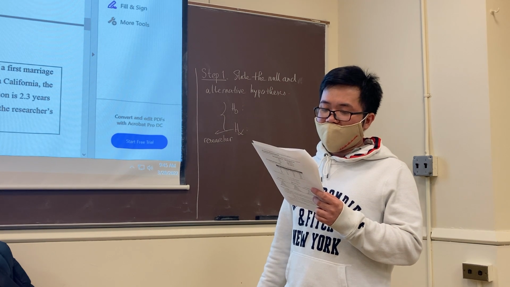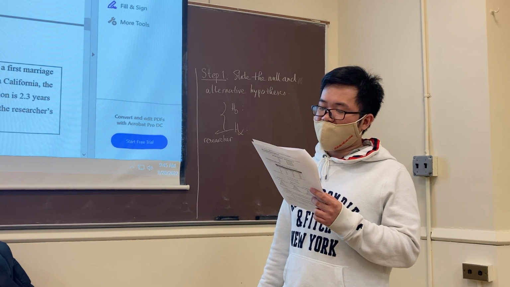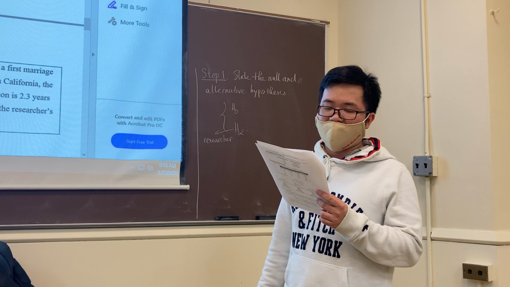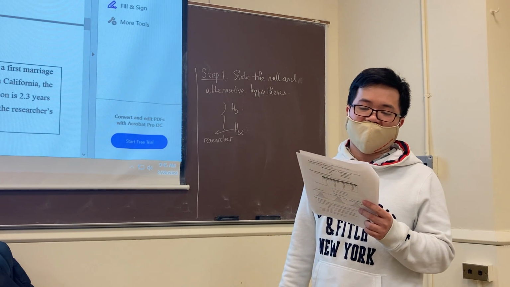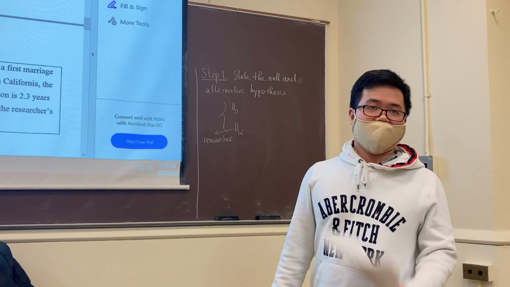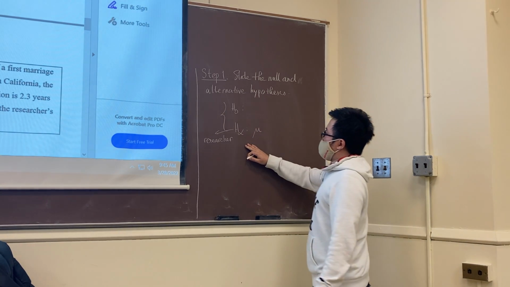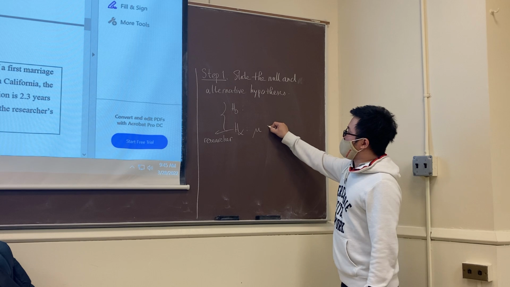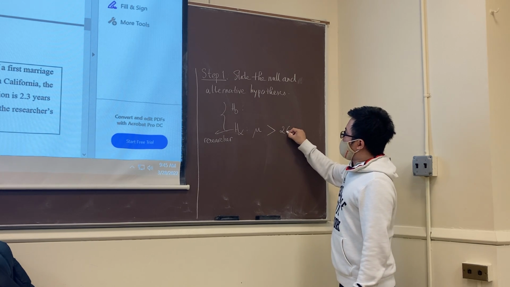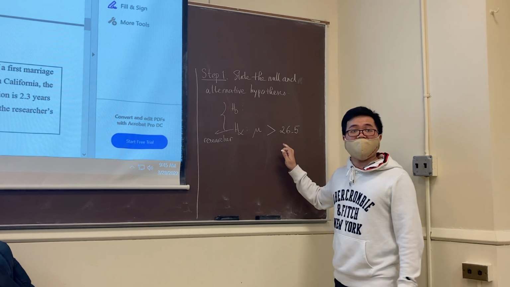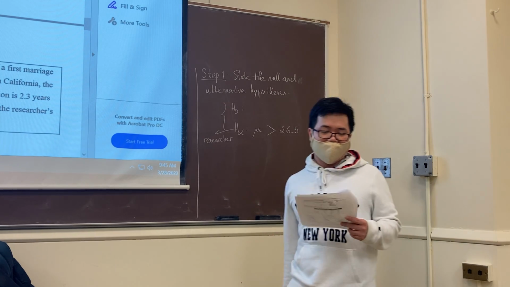Okay, the researcher claimed that the mean age of women in California at first marriage is higher than 26.5 years, right? So that means that the alternative hypothesis, mu here, is greater than 26.5. Is it clear, guys? That is the alternative hypothesis.